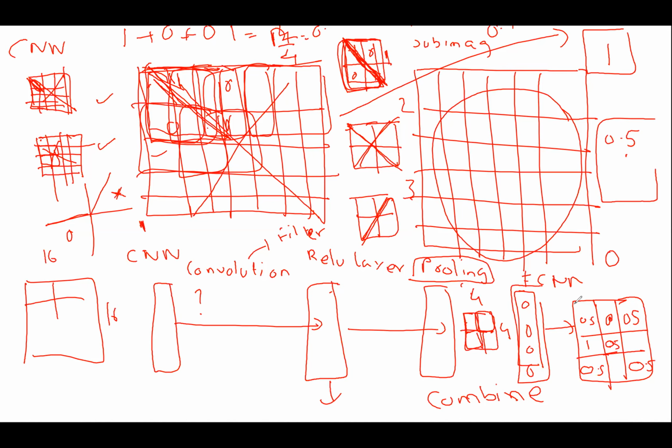A convolution neural network consists of basically a convolution layer, a ReLU layer, and a pooling layer. The convolution layer applies filters, which are subsections of the entire image. Instead of taking the whole cross, we take one forward slash as one, one backward slash as another, and a mini cross as the other.